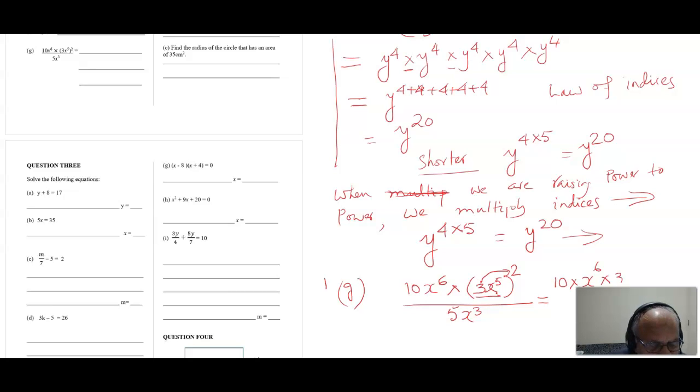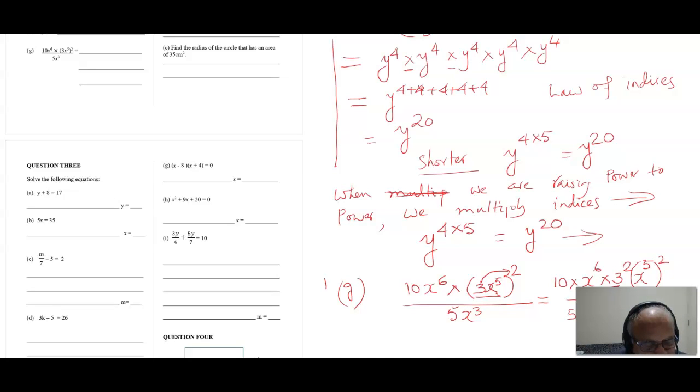So basically, it's 3 to the power 2 and x to the power 5, and then I'm going to raise that to power of 2. Right? It's a power to power. That part is power to power, and then it is nice and simple, 5x to the power 3.